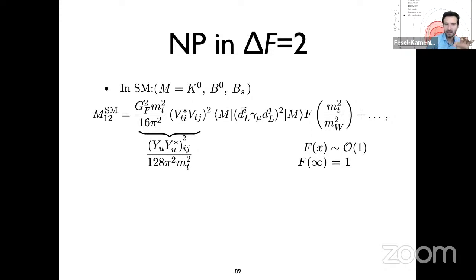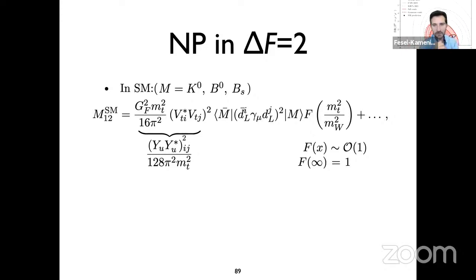Any flavor observable can actually be written in terms of these parameters of the fundamental standard model Lagrangian. This is now written at first order in QCD and QED interactions, but using the techniques that I've introduced, one can compute this systematically improved to high orders in perturbative QCD interactions.